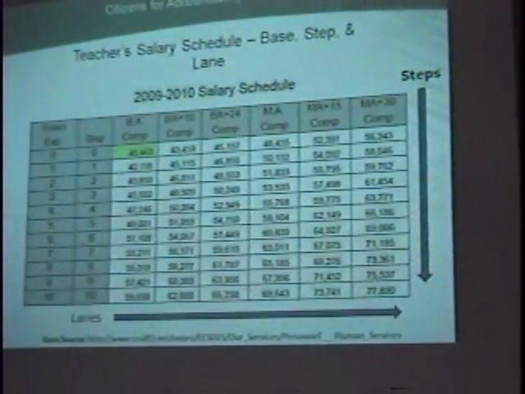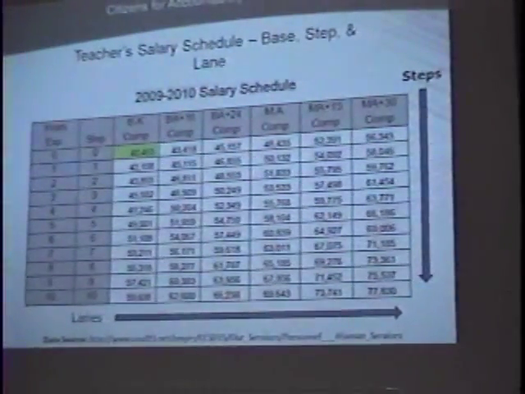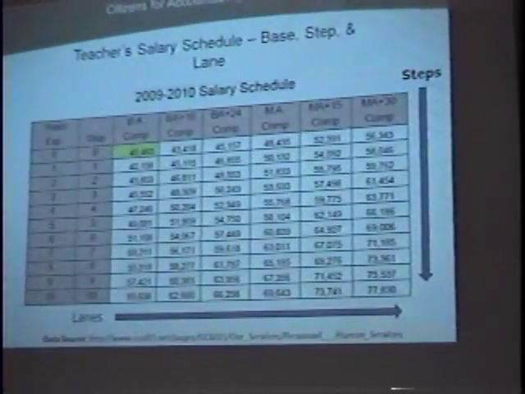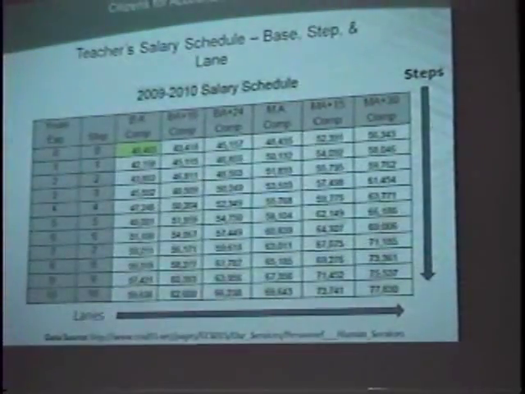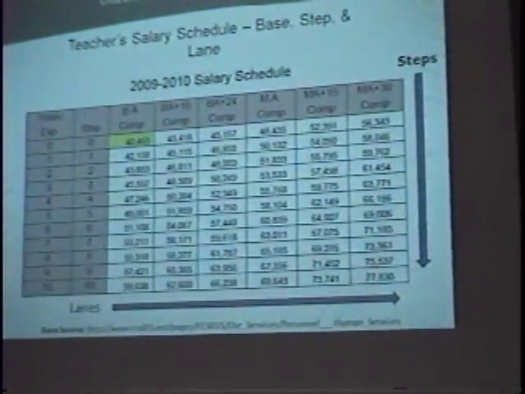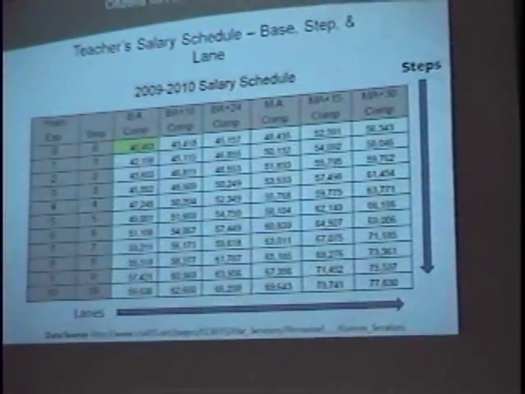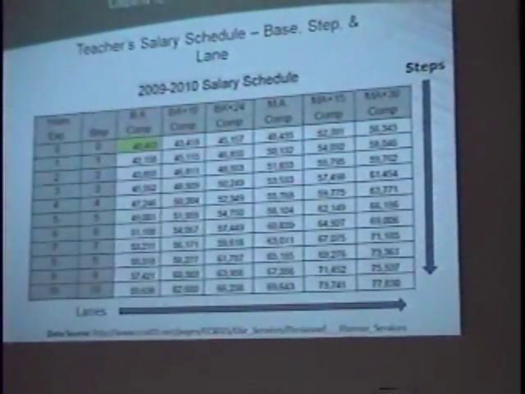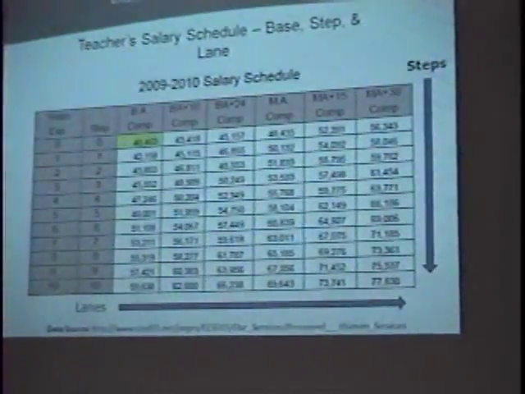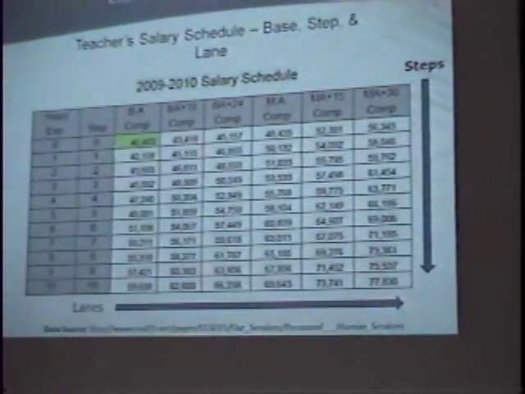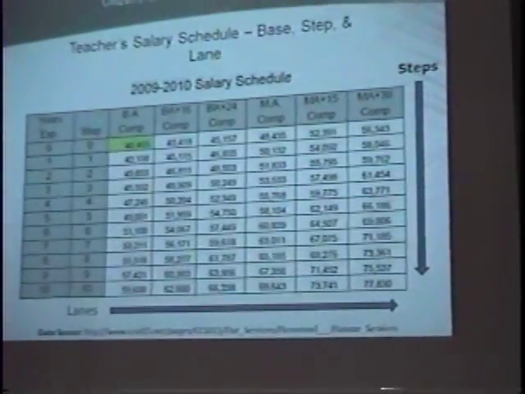So what I'm going to do now is just take a few minutes. It's going to be a little mini math class almost, talking about how they arrive at teachers' pay every year. So again, there are three components: base plus step plus lane. In following this particular schedule, base is determined year to year. So this is the 2009-2010 salary schedule.